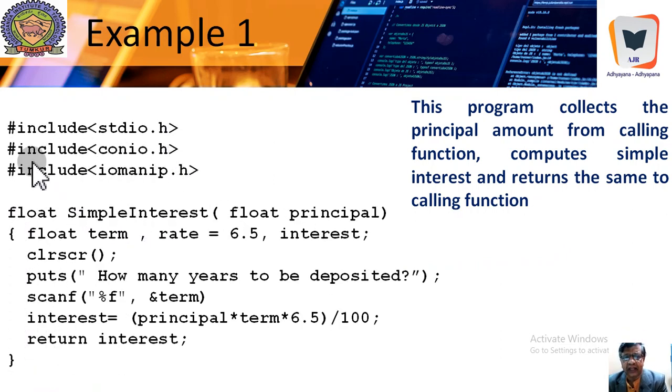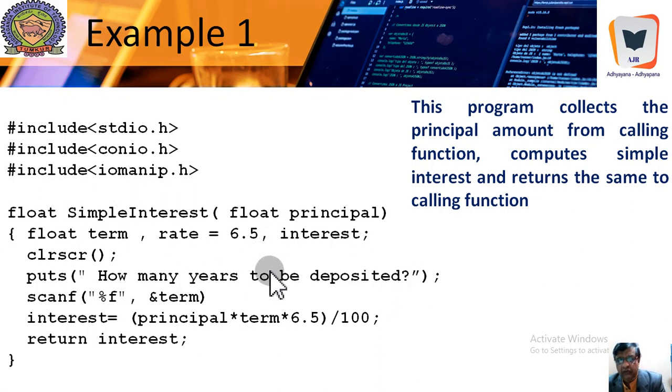And we have used another header file called iomanip, that is the input output manipulation header file, because this will facilitate things, particularly when we execute the programs in the Turbo C++ environment, Turbo C++ IDE. This is essential to be included, because it defines the various formattings for the inputs and for the outputs.